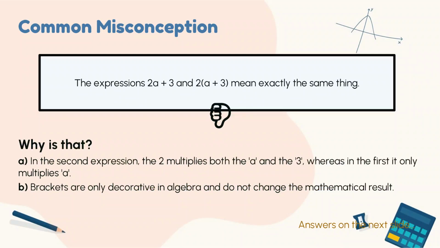The statement is false. 2a + 3 means 2 times a, then add 3. But 2(a + 3) means 2 times the whole bracket. That means the 2 multiplies both the a and the 3. So 2(a + 3) is the same as 2a + 6. That is not the same as 2a + 3.